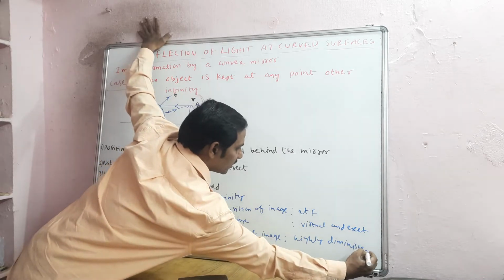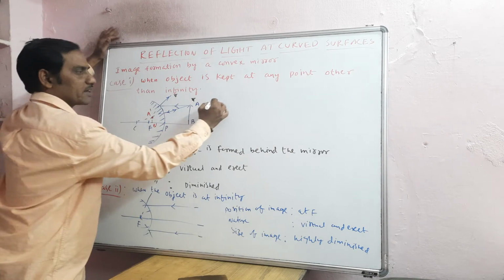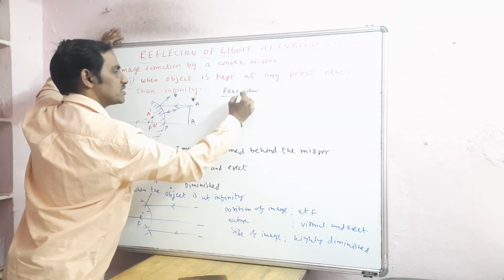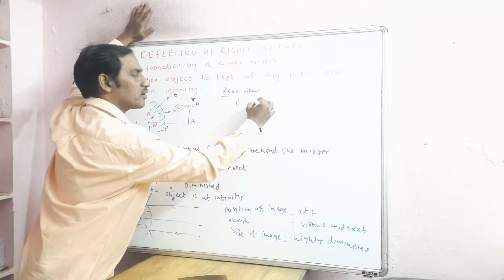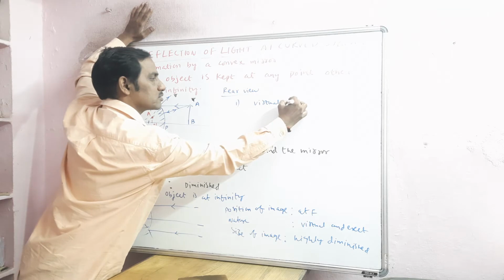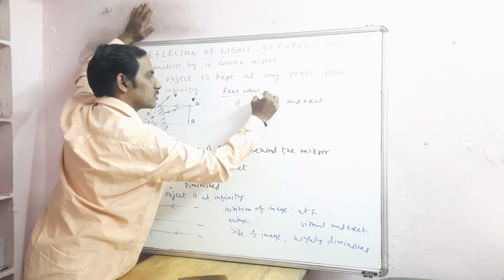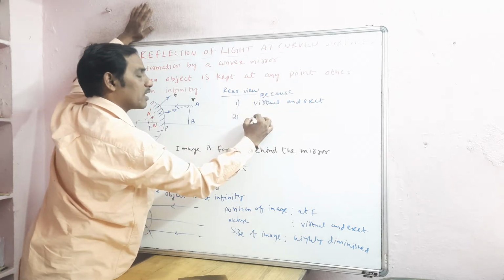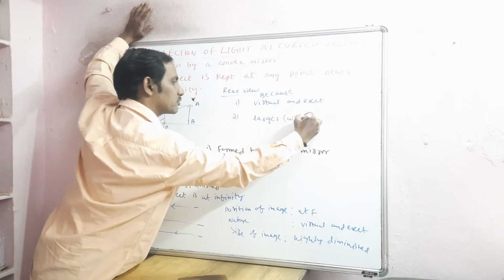Now we will go to the next topic, regarding the sign convention. This is done. So this is nothing but a rear view mirror. In exams, if they ask why a convex mirror is used as a rear view mirror, you have to say it is because it forms a virtual erect image, and the other reason, because it gives a larger, also called wider, field of view.